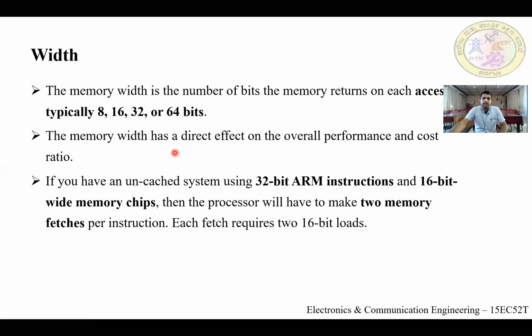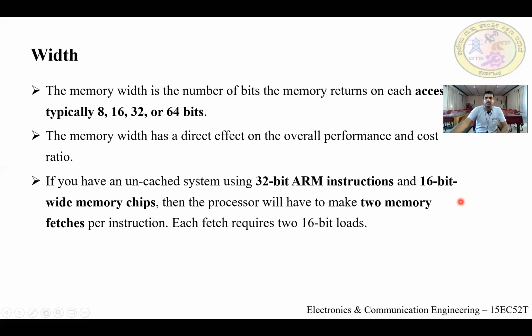Consider an uncached system with 32-bit ARM instructions and 16-bit wide memory. In ARM, if you are using 16-bit wide memory, then the processor will take two memory fetches. In the first memory fetch, the first 16 bits will be accessed. In the second memory fetch, the next 16 bits will be accessed. In the first memory access, the higher word will come.